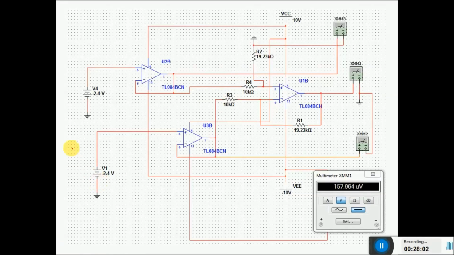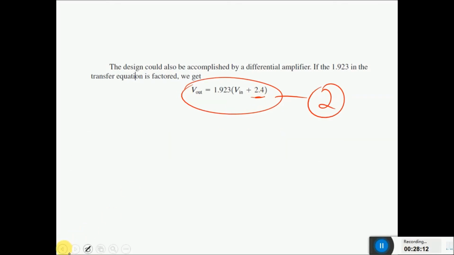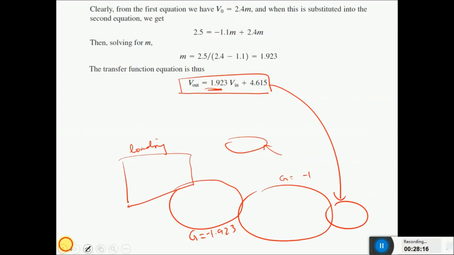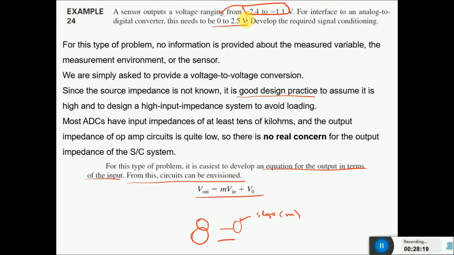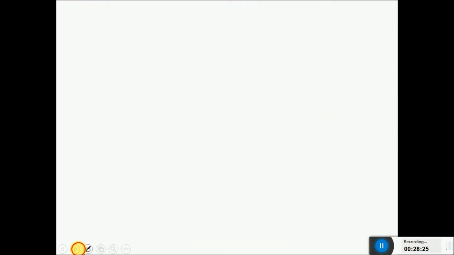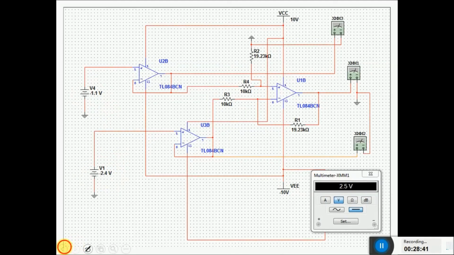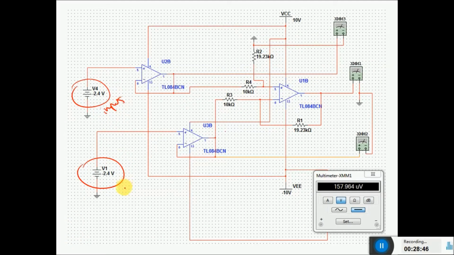Here this is your 2.4 volt offset, and if we can go back, our input was negative 2.4 volts. So in this circuit, one of these voltage sources is negative 2.4 and this is 2.4. So one of them is your offset and one of them is your input. So let me see, this is your input and this is your offset.